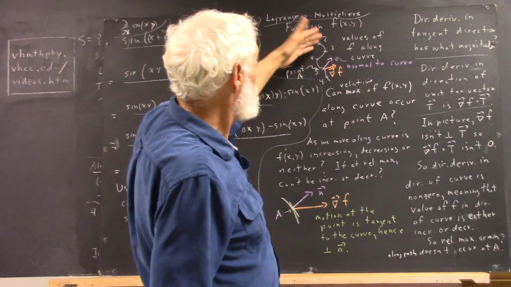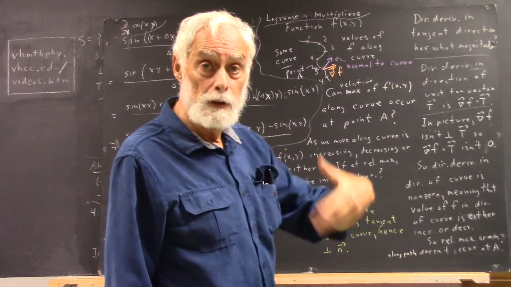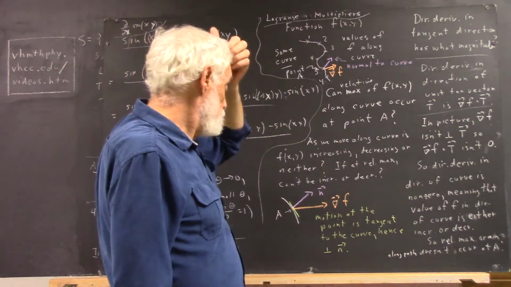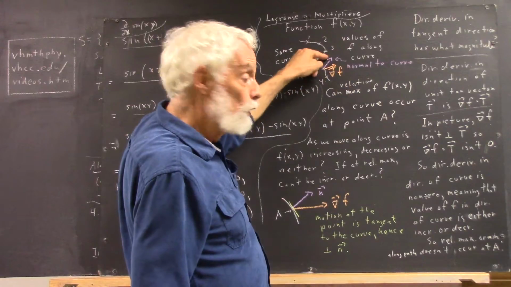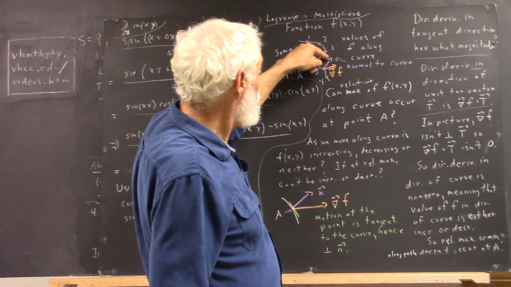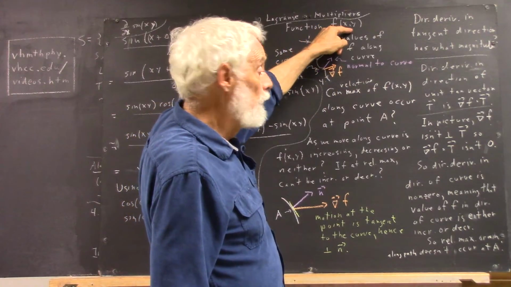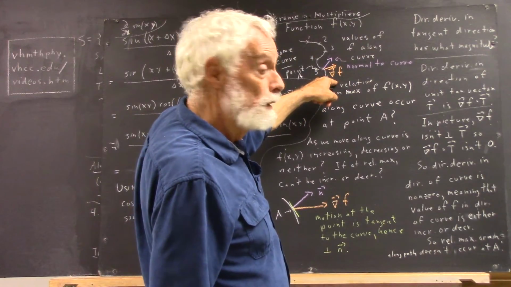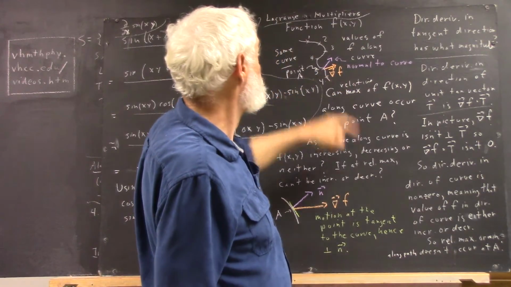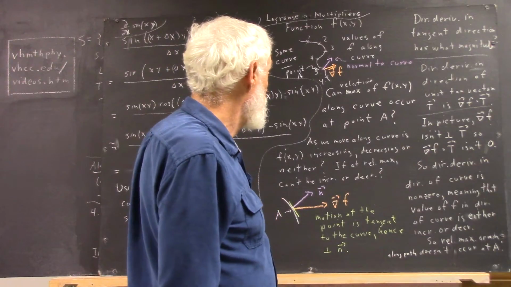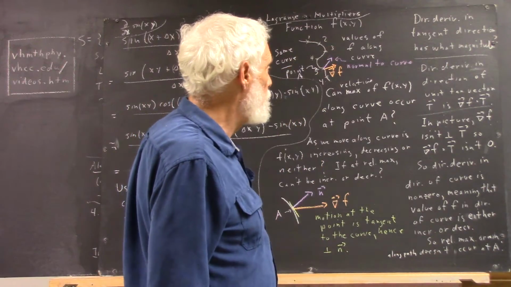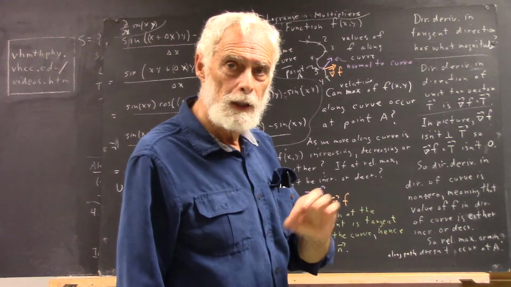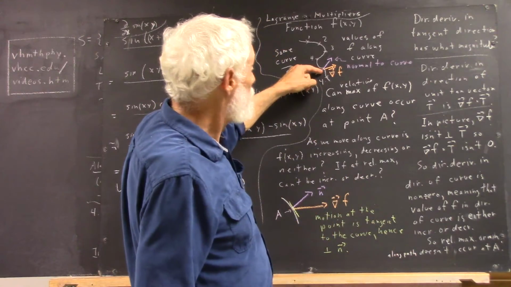If the curve is a level curve of some function of two variables, we'll be able to calculate a normal to that curve. And if our function f of x, y is differentiable, we will be able to get the gradient.